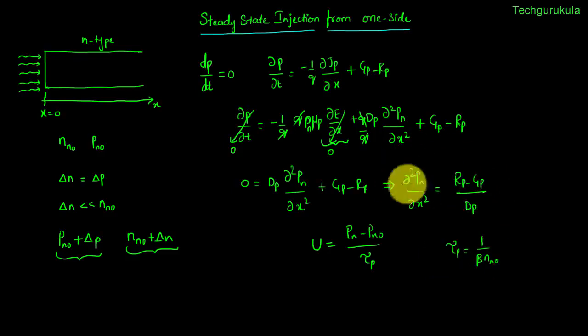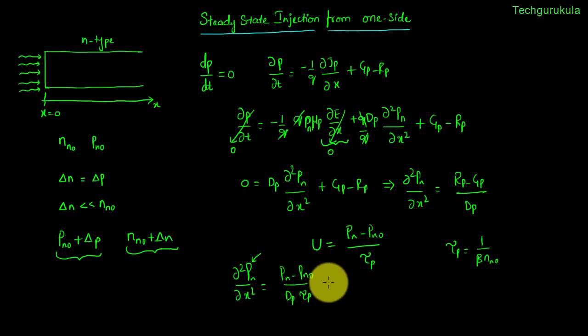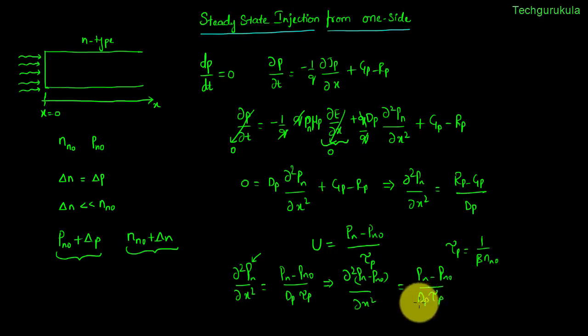And now let me rewrite this differential equation, which is del square Pn over del x square is equal to Pn minus Pn0 over Dp times tau P. And inside the differentiation, having Pn or Pn minus Pn0 wouldn't make a difference. So we can rewrite this as del square of Pn minus Pn0 over del x square is equal to Pn minus Pn0 over tau P times Dp.